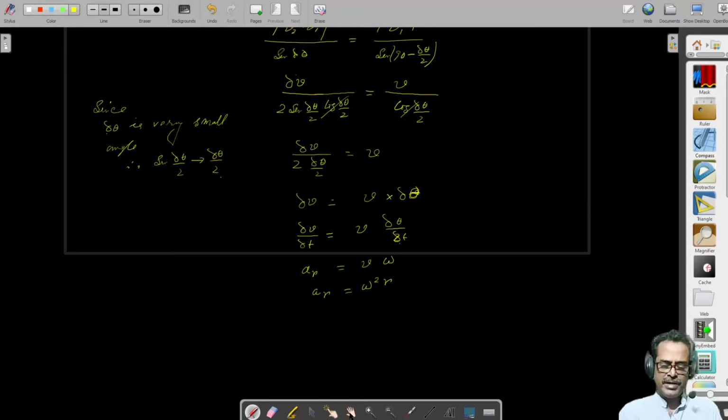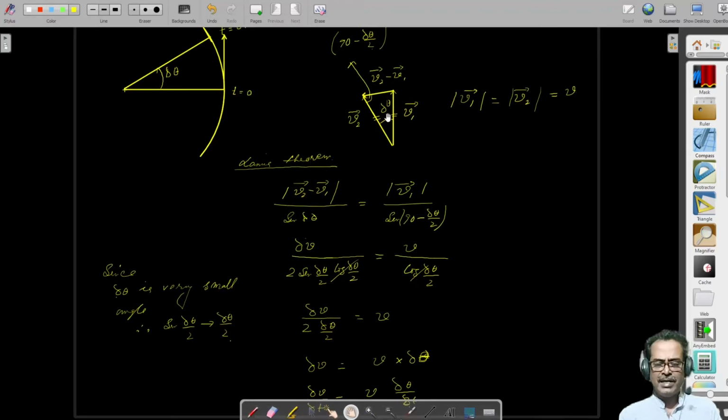Now the direction of the acceleration. It is clear that this change of velocity makes 90 degree minus del theta by 2, and since del theta tends to 0, 90 minus del theta by 2 is equal to 90 degree.